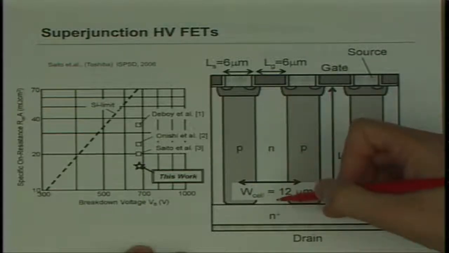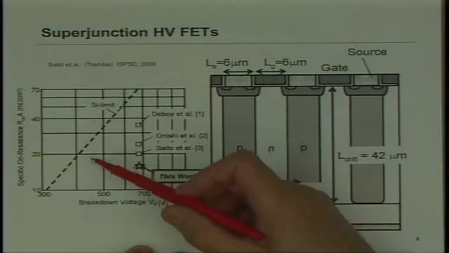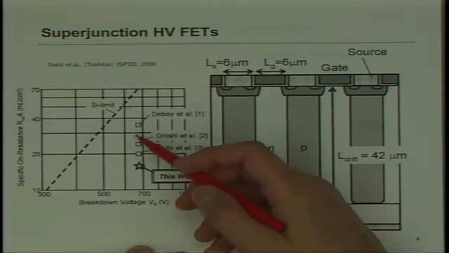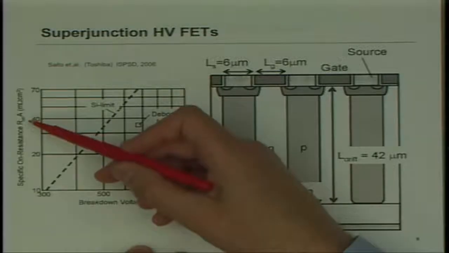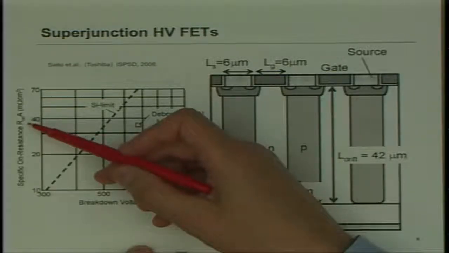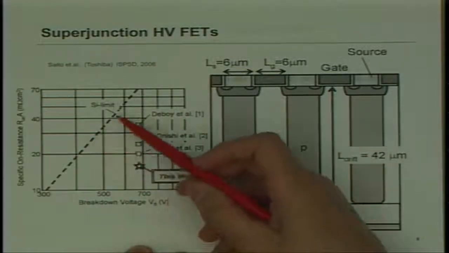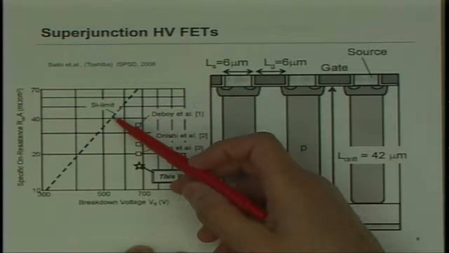And you can get quite a bit better conductivity, or what we call specific on resistance, which is a measure of resistance per square area. You can do better than what's called the silicon limit here. This is assuming a structure where the blocking voltage is the same structure that carries current.